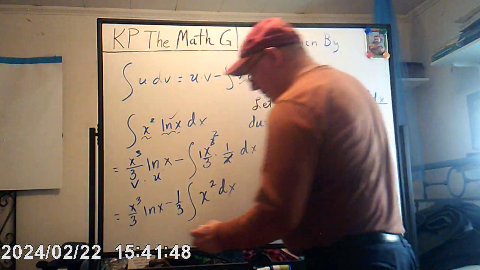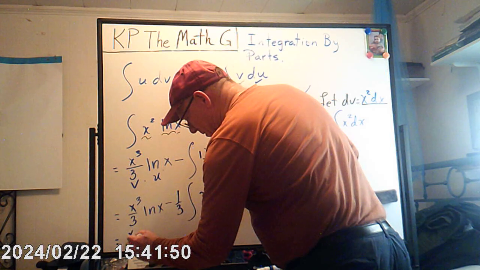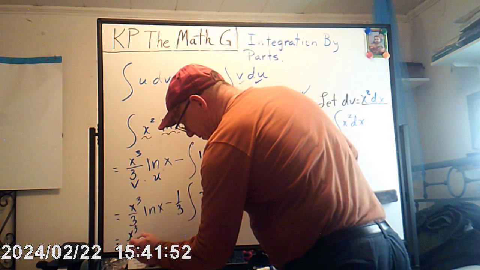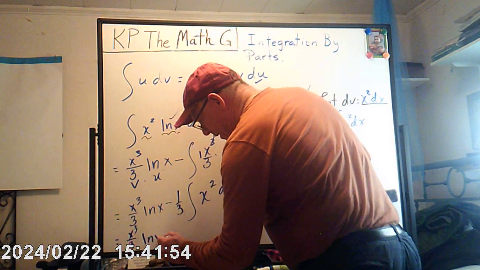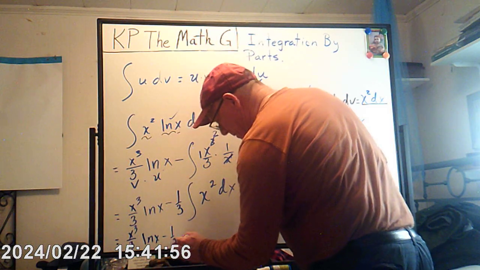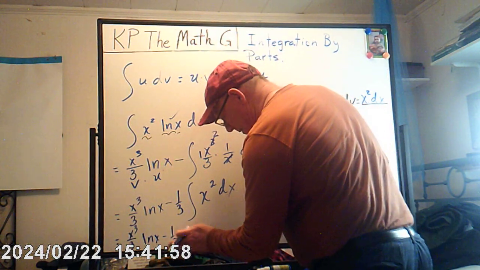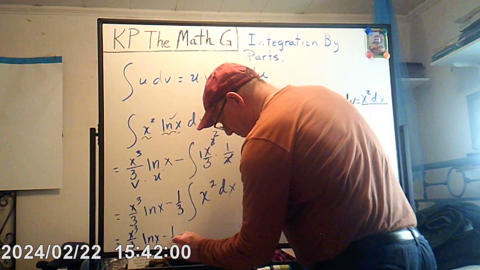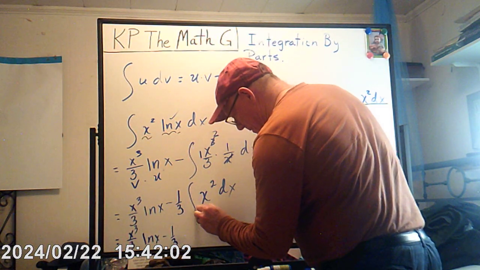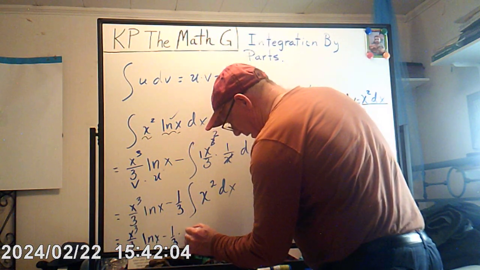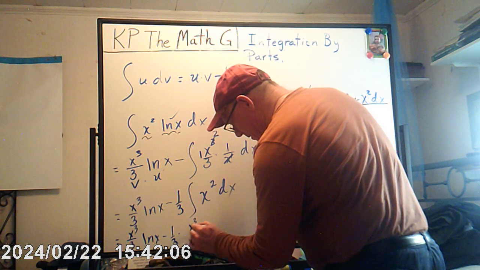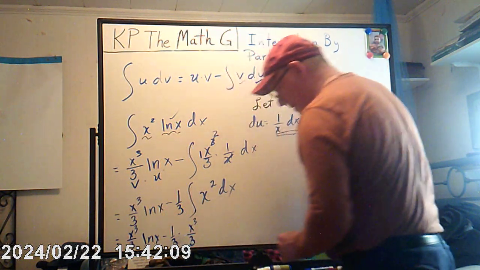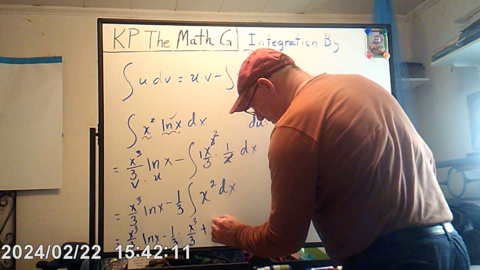So here we go. This is x cubed over 3, or 1/3 x cubed ln of x, minus 1/3 times x cubed over 3, plus c.